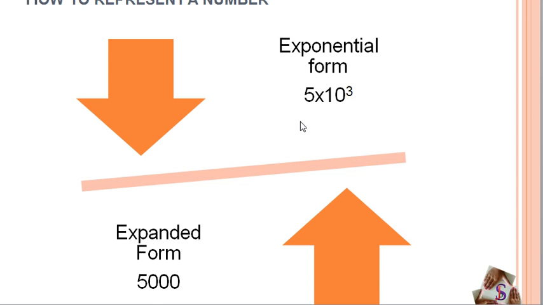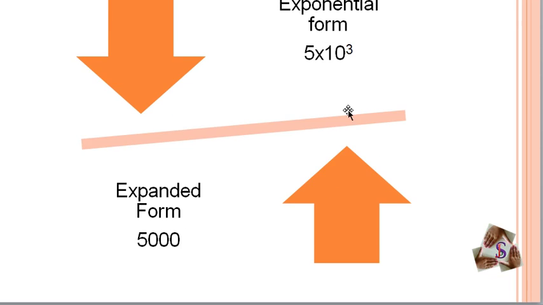So how did I write this as 5 into 10 to the power of 3? It is 5 followed by 3 zeros. So therefore, it's 5 into 10 into 10 into 10. So 10 is being multiplied 3 times. So I write it as 5 into 10 to the power of 3.